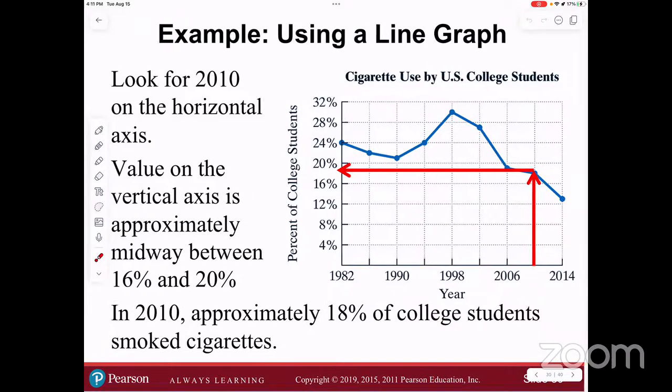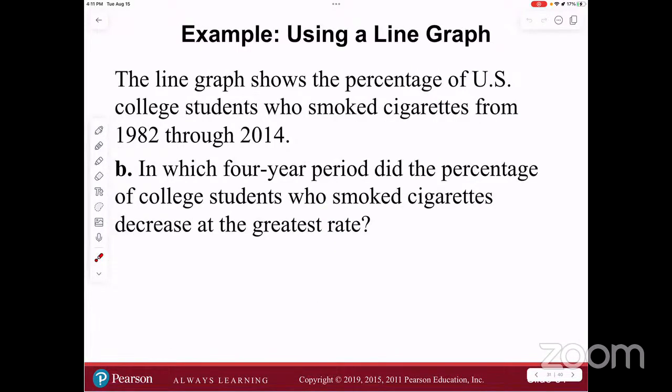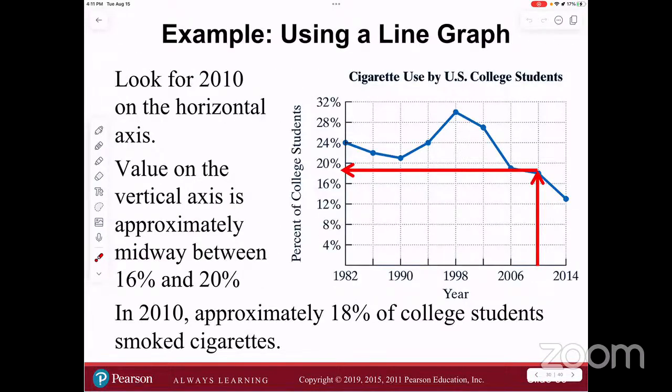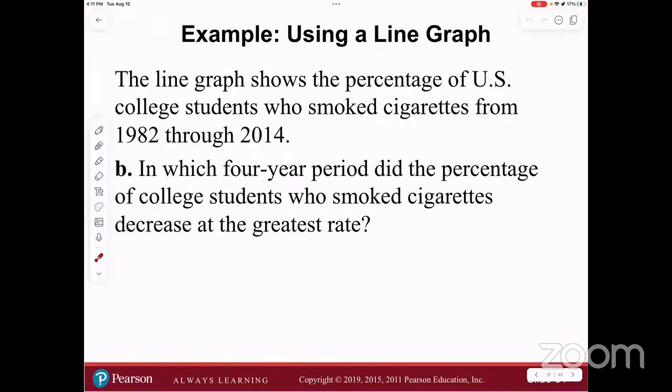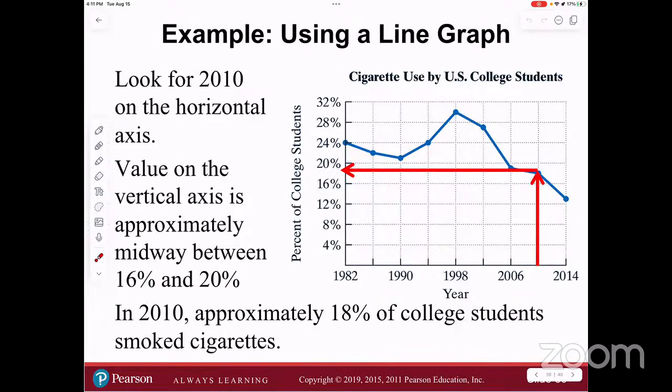Okay, the line graph, I think it's the same deal. In which 4-year period did the percent of college students who smoke cigarettes decrease at the greatest rate? Notice it decreased from 1982 to 1990, and it also decreased from 1998 on. Each tick mark is 4, so whichever has the steepest negative slope.